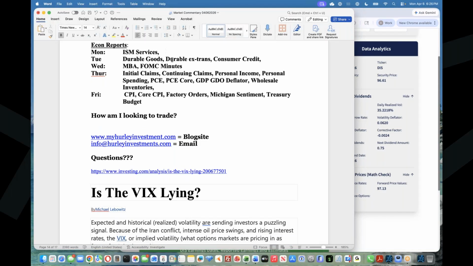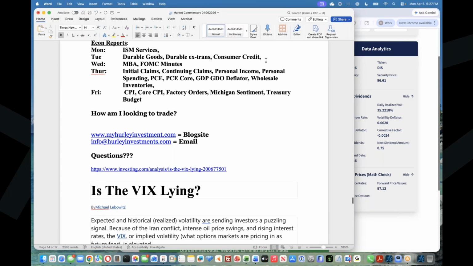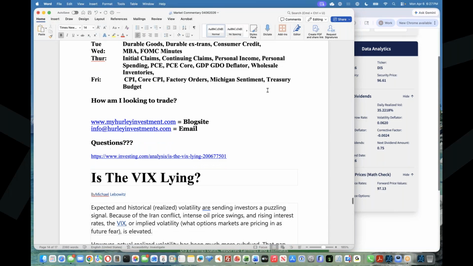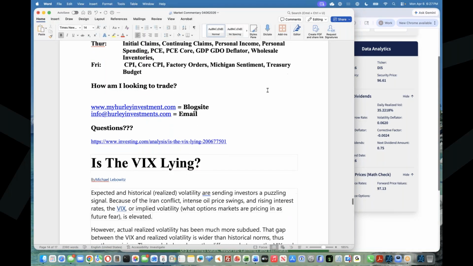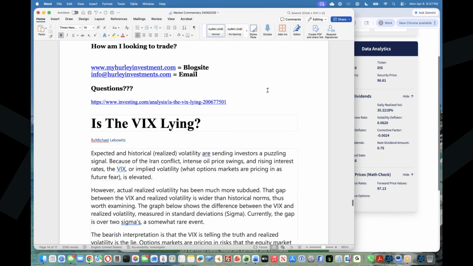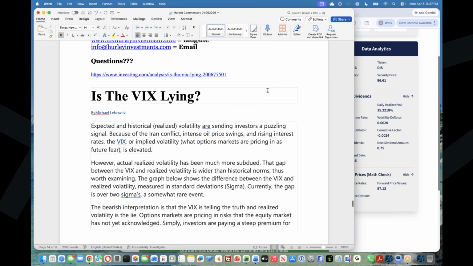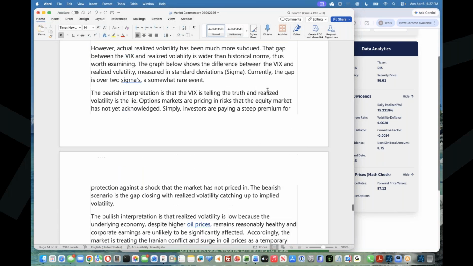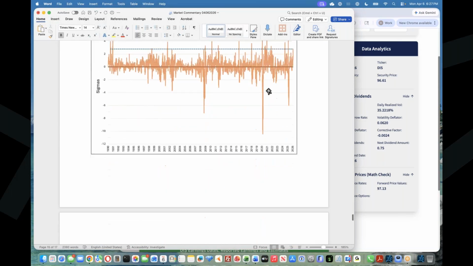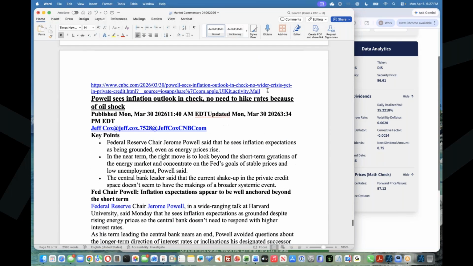So my guess is tomorrow will be kind of a holding pattern until we see what happens. But then on Wednesday when we get those minutes, and then Thursday when we get PCE and CPI, if there's any surprises in that data, that could be something that will have the market go crazy. So we'll find out.